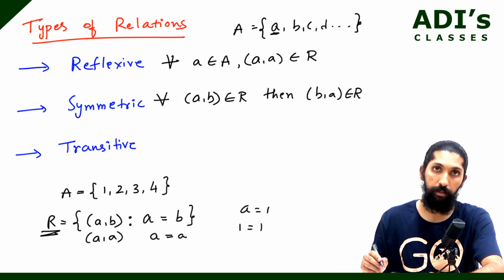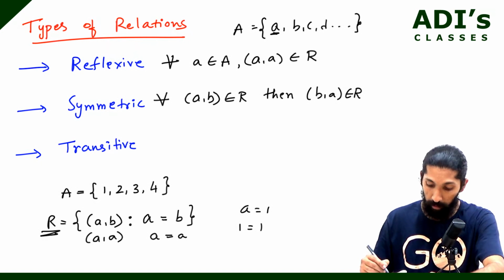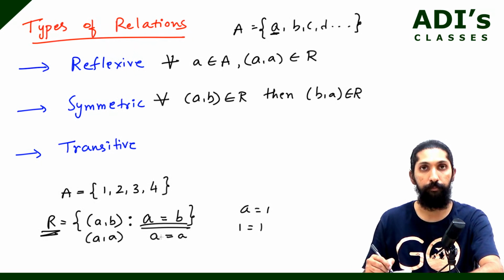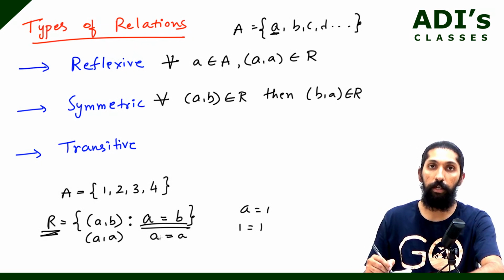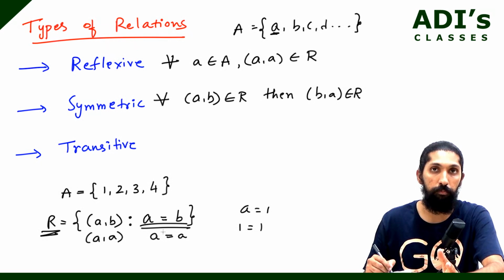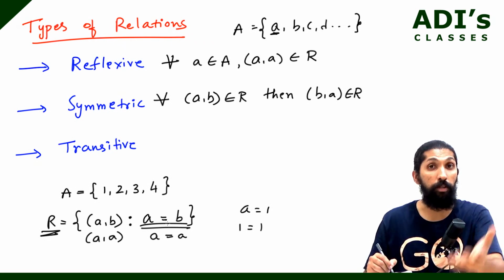Then it is symmetric. In the sense, take the same relation, a is equal to b, or maybe some other relation, like a is greater than or equal to b.